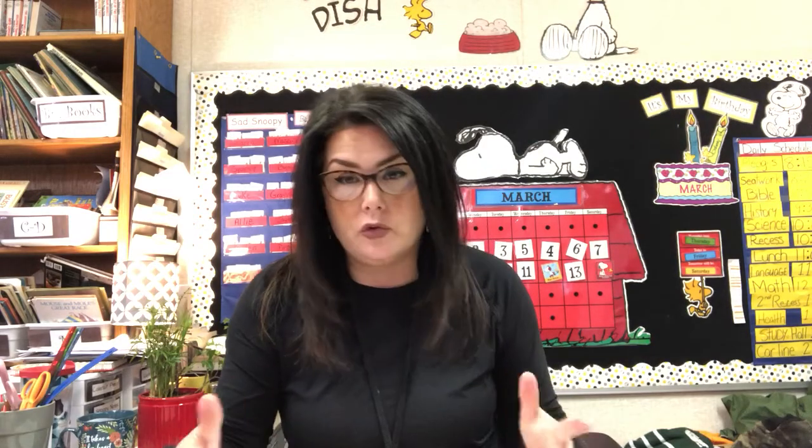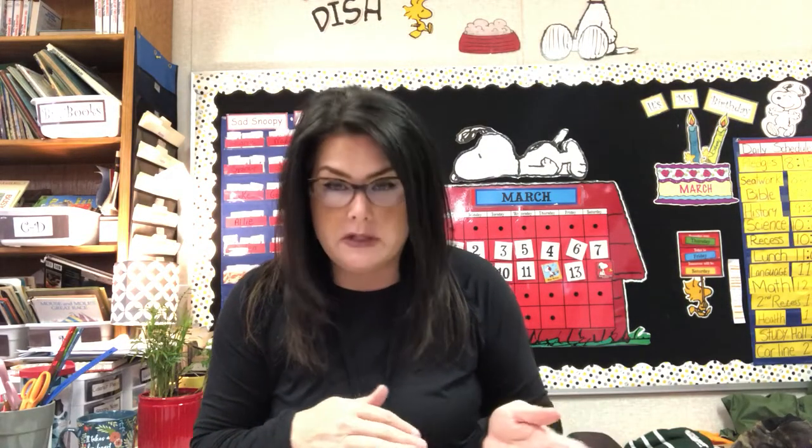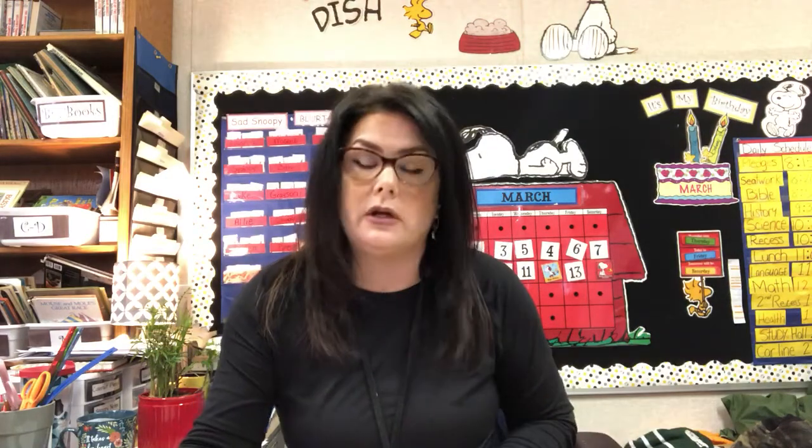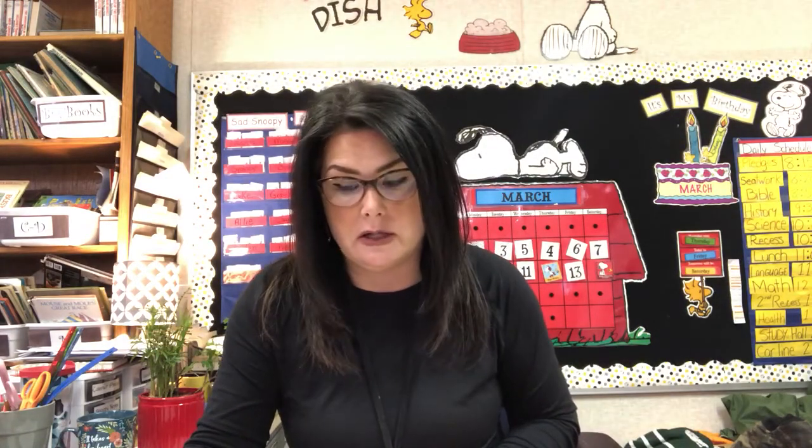You shouldn't have a problem figuring out which contraction goes into which blank, okay? Of course, as always, if there is a problem, have mom or dad send me a message and I'll try to help you out as best I can. Language, I know, is sometimes more difficult than math if you're trying to ask a question on email, but I'll do my best to help you out, okay?